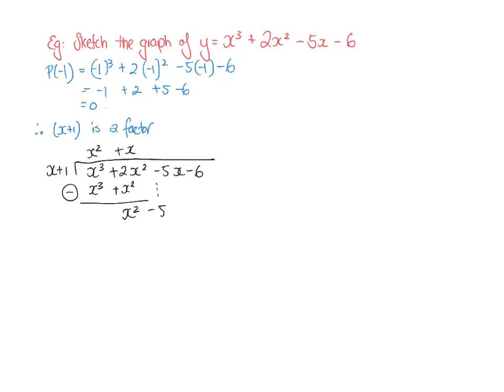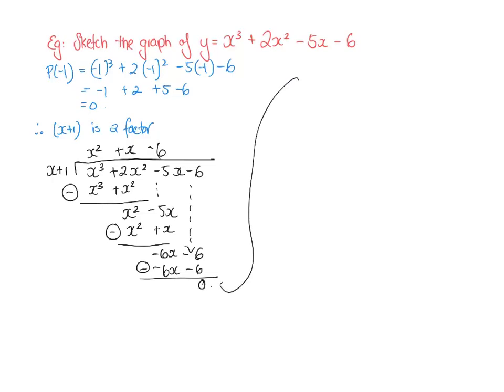Bring the 5x down. x times x is x squared, and x times 1 is x. We subtract that, which gives us -6x. Bring this down, minus 6. So x into -6x is -6, so we get -6x minus 6. That subtracts, and we get 0.